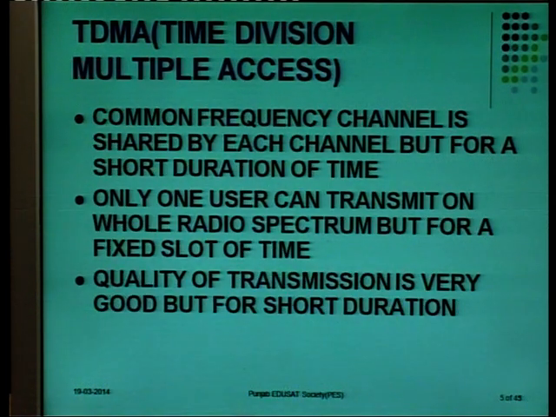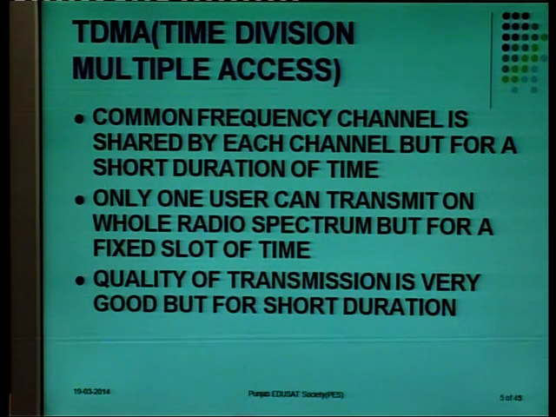Then TDMA, that is time division multiple access. Here a common frequency channel is shared by each channel, but for a short duration of time. So, here the full frequency spectrum or full radio spectrum is used by every channel, but the time is divided, and each user is allotted a fixed time slot.